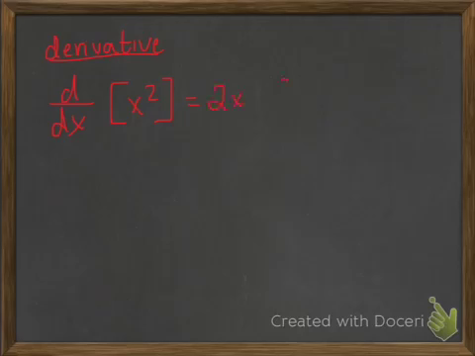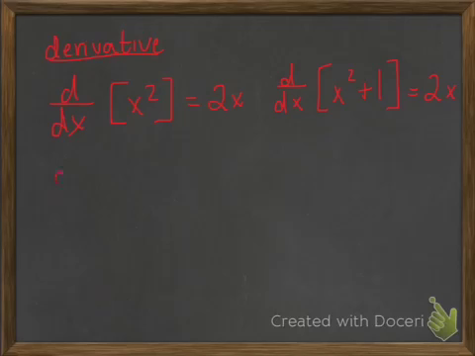Now let's say we take the derivative of x squared plus 1. This is also going to equal 2x. The derivative of x squared is 2x, and the derivative of 1 is 0, so it's just 2x.